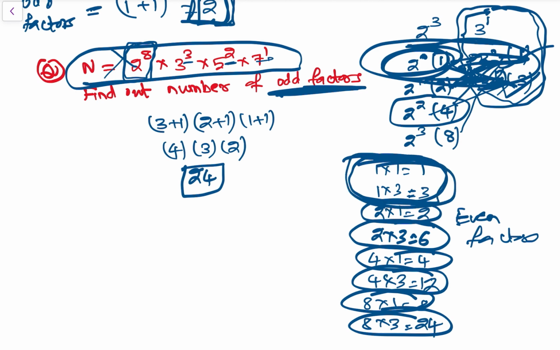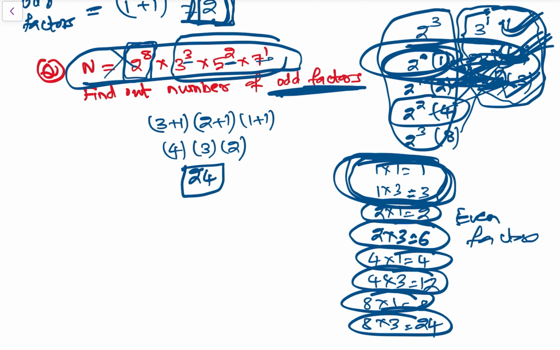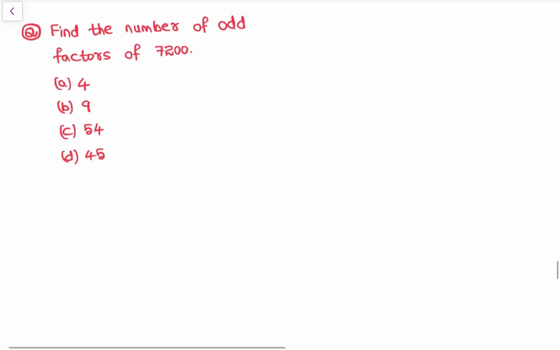That's why we don't take 2 at all, and just count the powers of 3, that is 1 plus 1, so that many odd factors will come. So here also, add one to each odd prime's power and multiply, and you will get the odd factors.